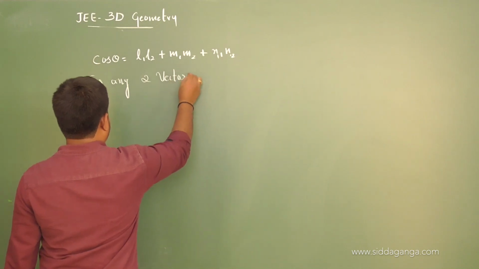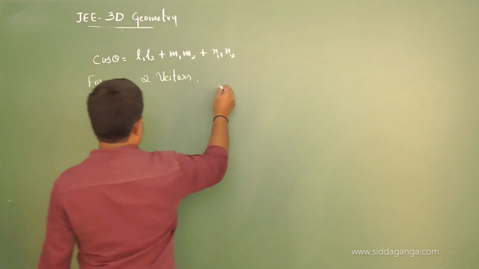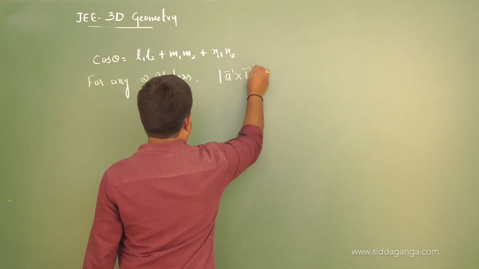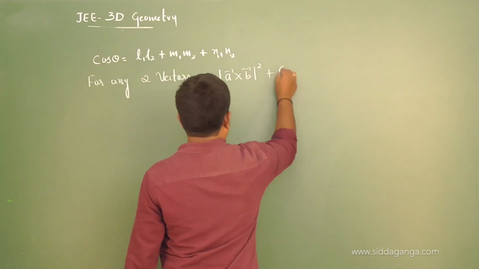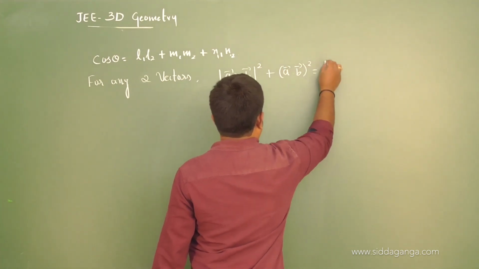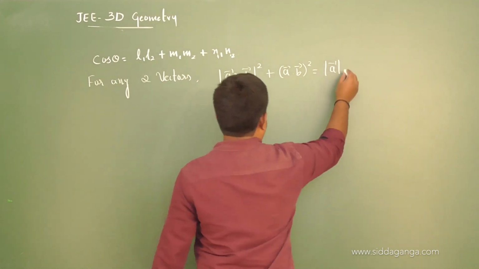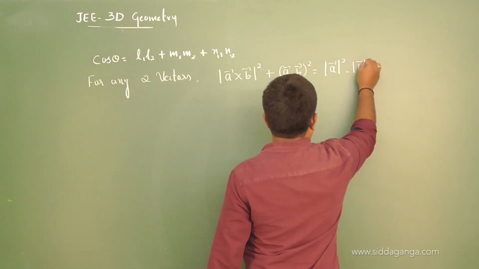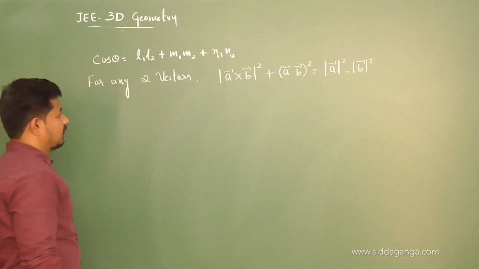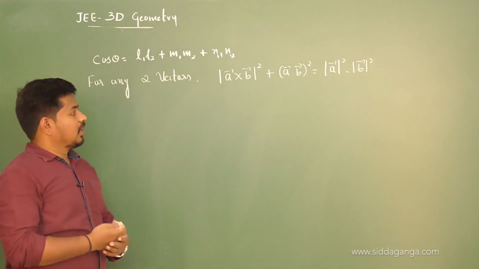vectors, we know the result that A cross B whole square plus A dot B whole square gives magnitude of A whole square into magnitude of B whole square. This is a standard result we had discussed in the previous chapter, that is vector algebra.